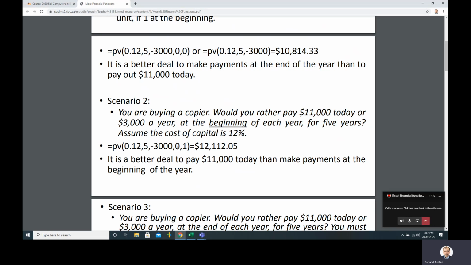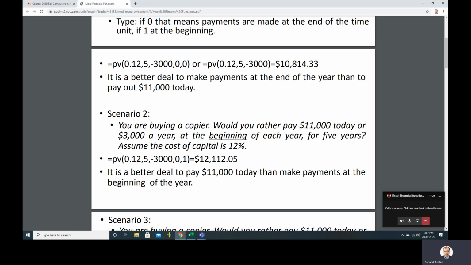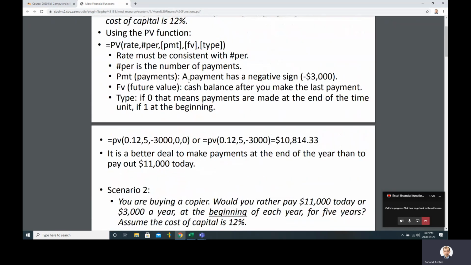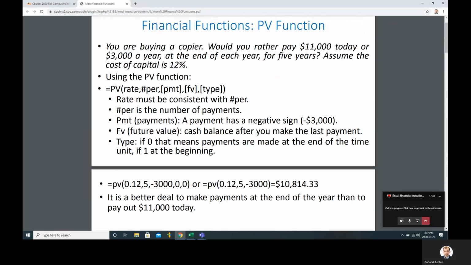You should make sure that you put 0 for FV and then you put 1 for type. Because if you close this argument with 4 arguments, 1 being the 4th argument, then 1 can be actually interpreted as FV. So again, if FV and type are both 0, you can just ignore both, leave both of them blank. Close the argument with 3 arguments.